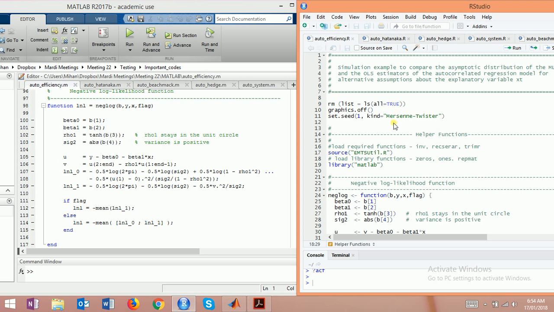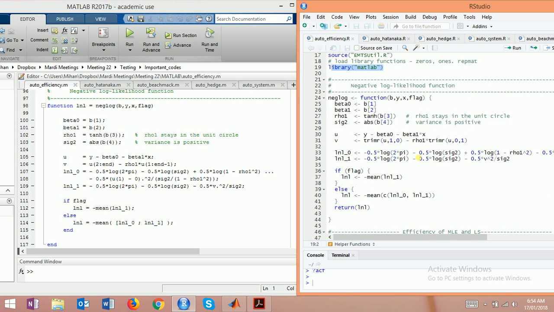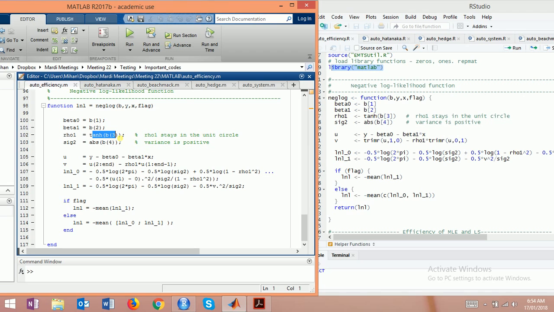Obviously we need to load the package in MATLAB for the inverse, trimmer and repeat matrix. Then the function takes y, x and flag, beta naught b1, beta 1 b2, rho b3, which we have explained before. Y is beta naught plus beta 1 x, fine.